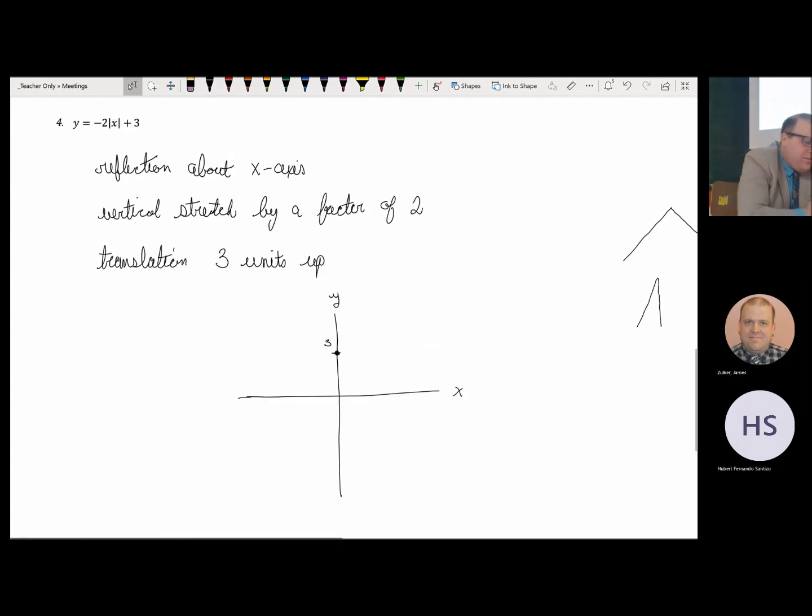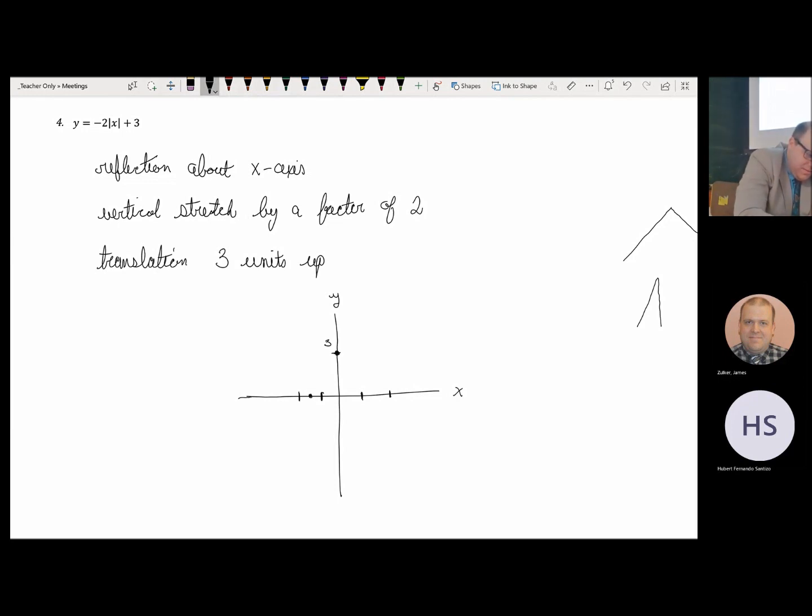Here's how I'm going to go about it. I'm just going to plot some points. Specifically, let's look for the x-intercepts. So y being 0, we'd have to have x being plus or minus 3/2. Oh, of course it gives me fractions because why not? I'm going to say, let that tick be 1, let that tick be 2. Oh, that's not perfect. Looks about right. That'd be -1, that'd be -2, right?